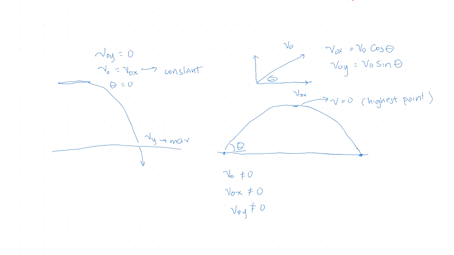So pagdating dito, nandito yung maximum velocity on the y-axis. So, ang nangyayari doon, sa x component naman, the Vox all throughout will be the velocity since walang acceleration.